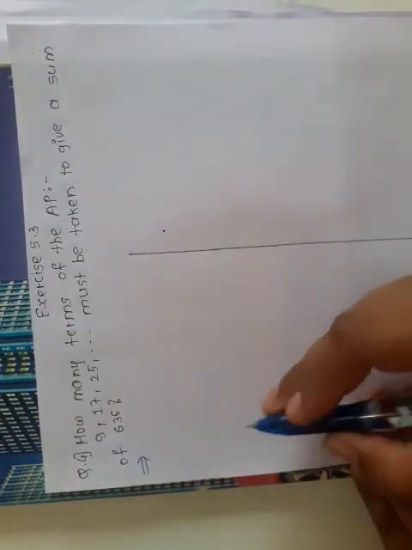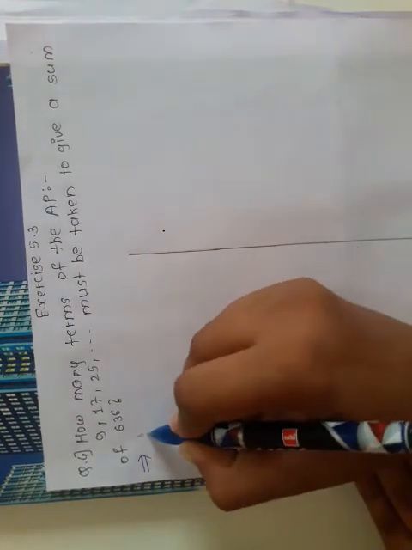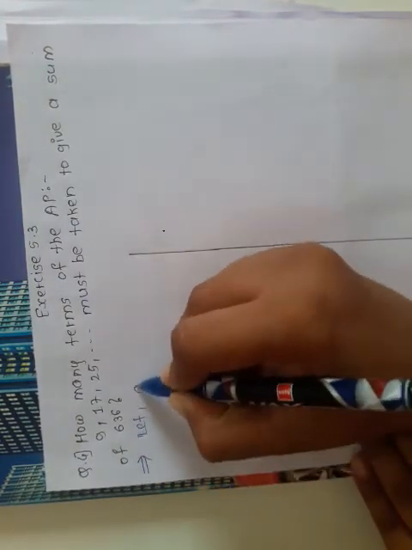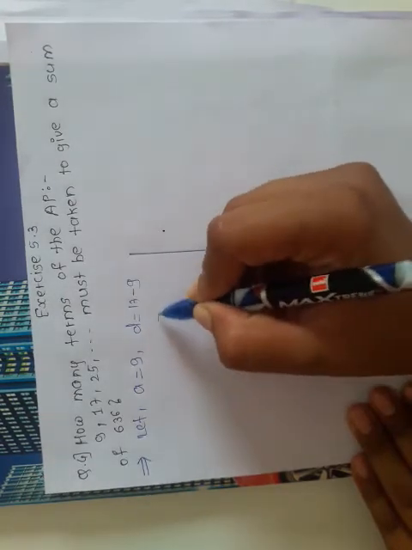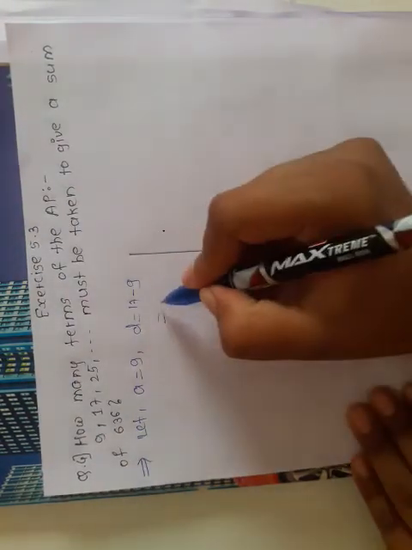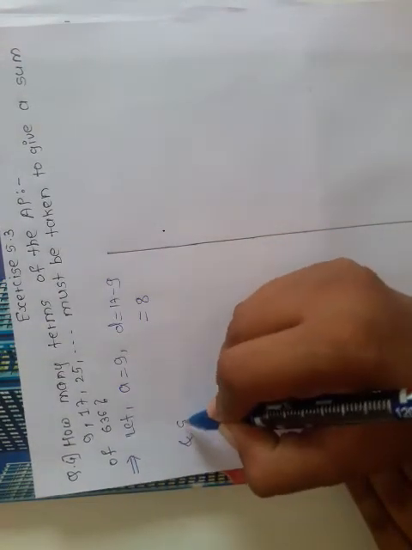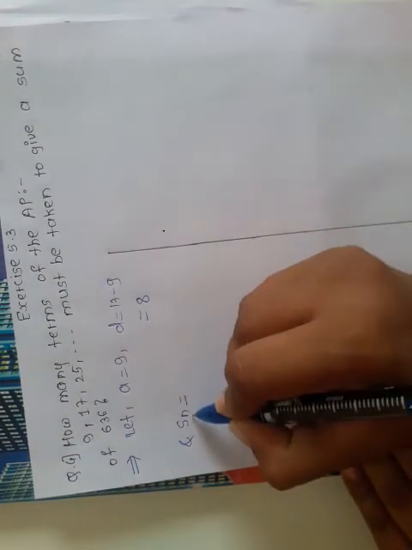So first write down all the things that are given to us. Let a is equal to 9, d is equal to 17 minus 9, which is equal to 8. And Sn is equal to 636, and we have to find out the value of n.